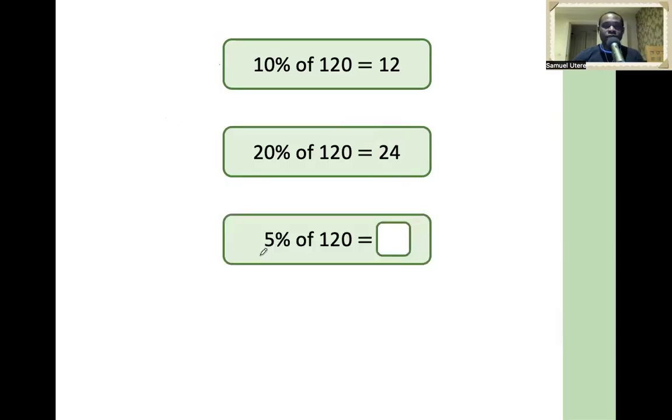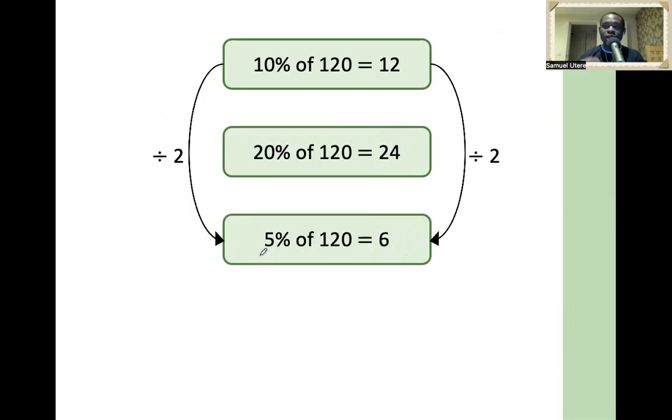If we're asked to find 5% of 120, we may think, well, 5% is actually half of 10%. So we can halve 12 to give us 6. So 5% of 120 is 6. So we're using the multiplicative relationship between what we already know, which is 10%, to find other percentages.